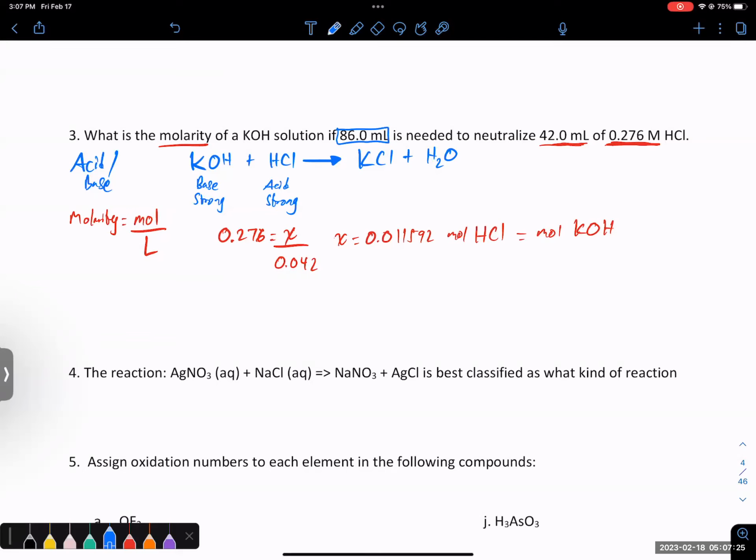So all we're going to do is 0.011592 over, again in liters, 0.086, so moles per liter. And if you solve this out, you get 0.135 molar. So that's our final answer.